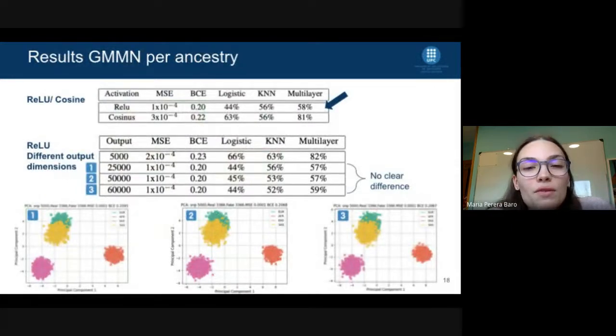The only method that provides good results is the generative moment matching network per ancestry with random features. And first of all, I would like to mention that the random features network was working better when doing a restart of the weights every 500 epochs. So that means that the real data is needed to compute the features again, or a schedule already computed.